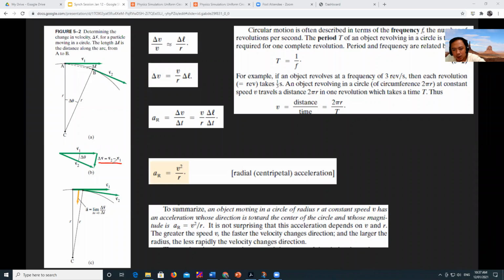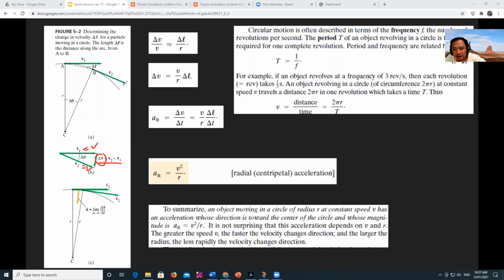If you get the ratios of the sides, this is the side of the triangle, because we are dealing now with similar triangles: delta V over V, wherein V is just V1 and V2. They have the same velocities because the speed is constant. So we have V, they are equal.